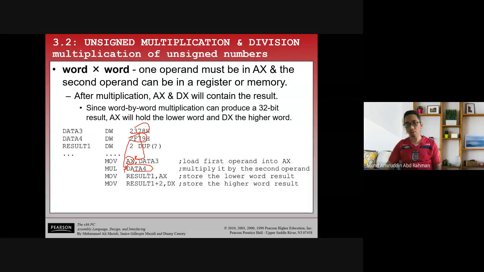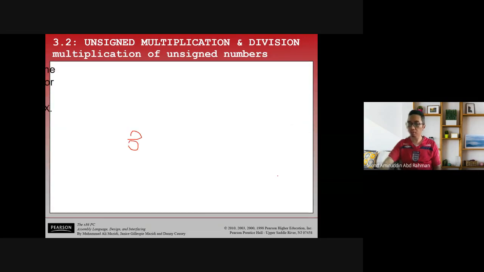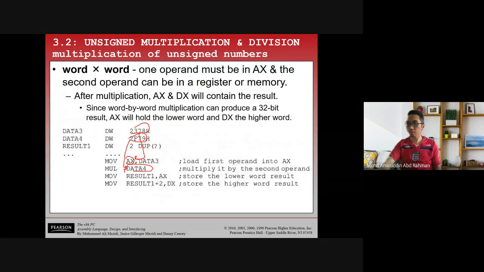Then for the results, we look back at the table: for word times word, the result goes to AX and DX. Result 1 will be in AX and result plus 2, for the upper 16-bit number, you put into DX. So we need to move DX to the result.